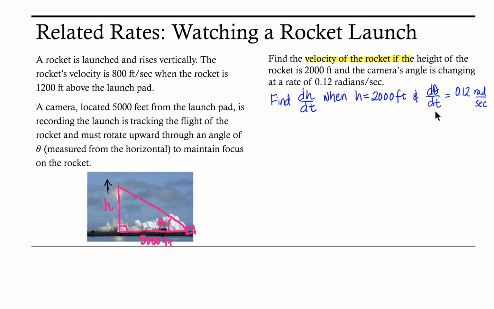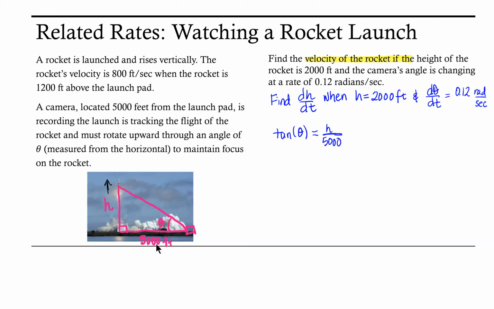So we previously saw that it was helpful, given the information we have in our diagram, that one side is h, the side opposite the angle is h, and the side adjacent is 5,000. It was advantageous to look at the tangent function. Specifically, that the tangent of angle theta is h over 5,000.